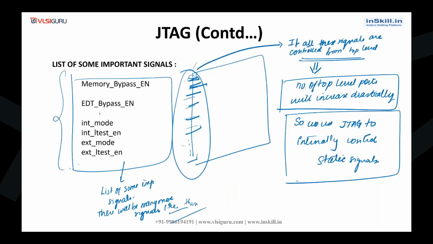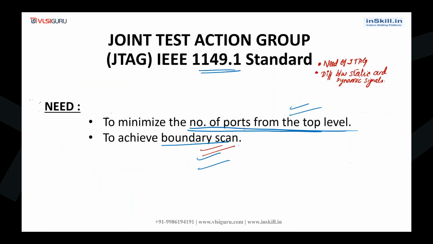We use JTAG in order to internally control static signals, so we'll understand the difference between static signals and dynamic signals. And we'll understand the JTAG TAP architecture.